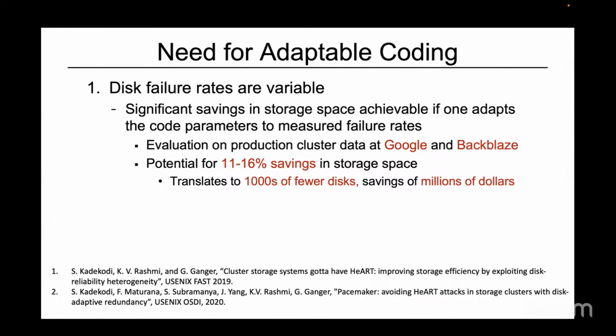In some works a few years ago, we analyzed real failure traces from millions of disk drives from production clusters of multiple companies, including Google, NetApp and Backblaze, showing that there is significant variation in the failure rates of disk drives across different make models as well as over time, and that significant savings can be achieved if we can adapt to that.